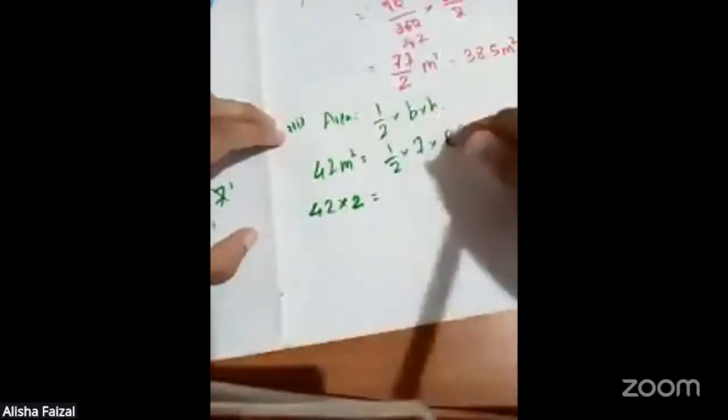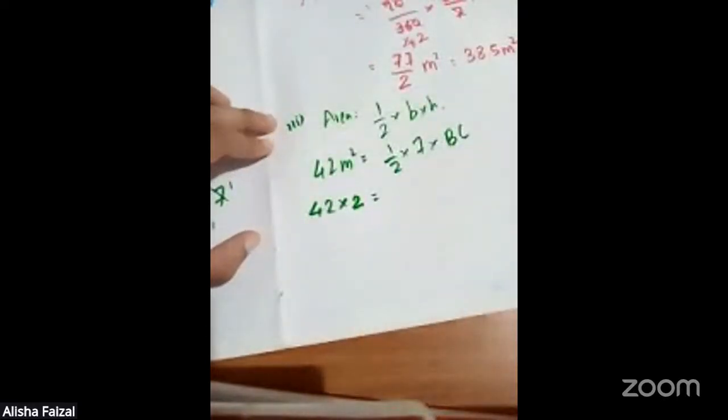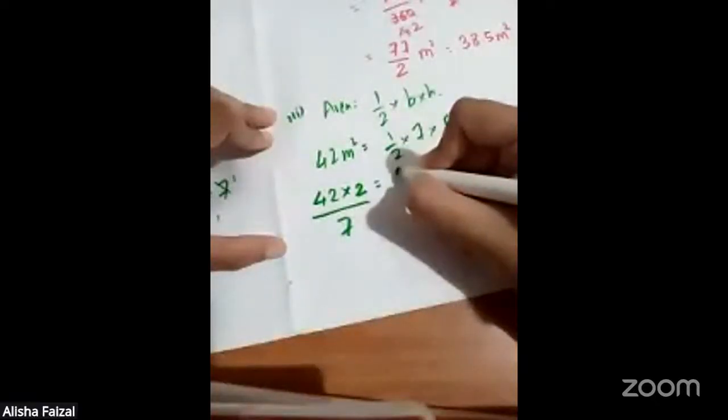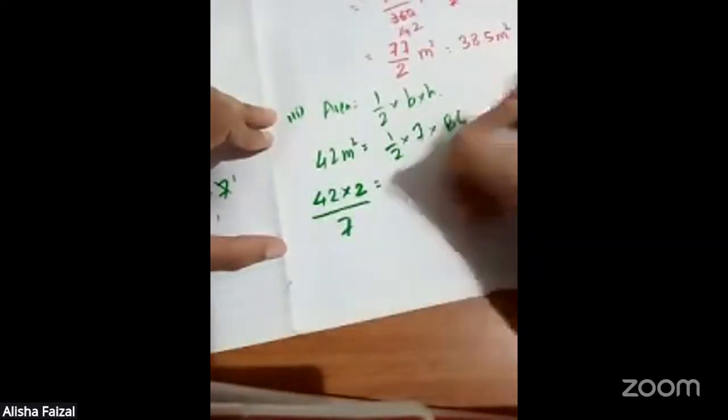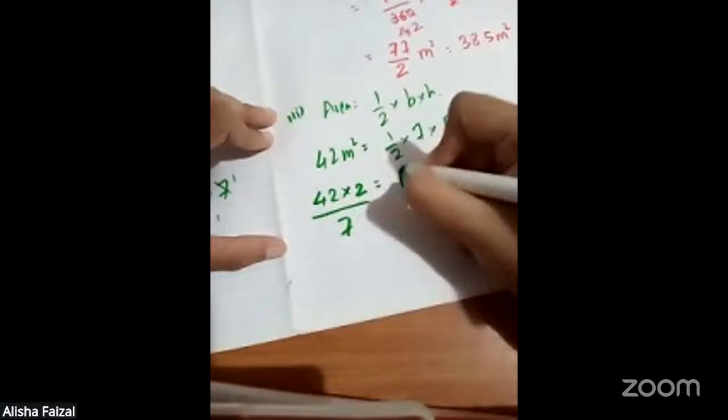Now we have 7, which is multiplying with these numbers. When you bring multiplication to the other side, what happens? Division. Now we took the 2 to the other side and the 7 to the other side. Now remaining is BC.